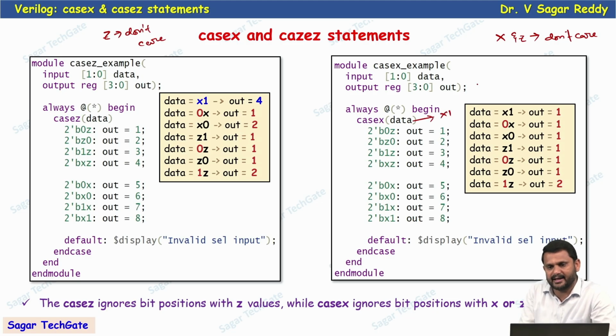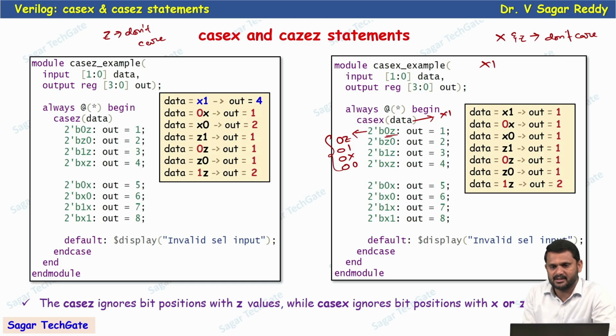So what is here? 0z. What is the meaning of 0z? Here both x and z are don't care. So we can write this as 0z or 01 or 0x or 00. It covers all possible ways because z is a don't care. It may be 1, x or 0z. So now it matches this.